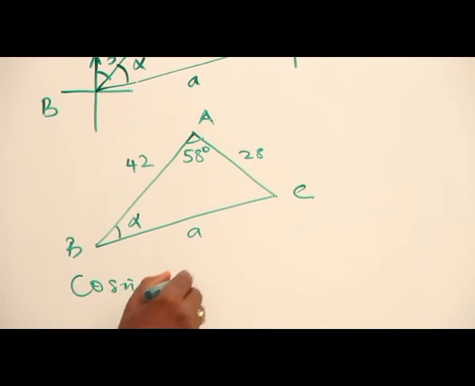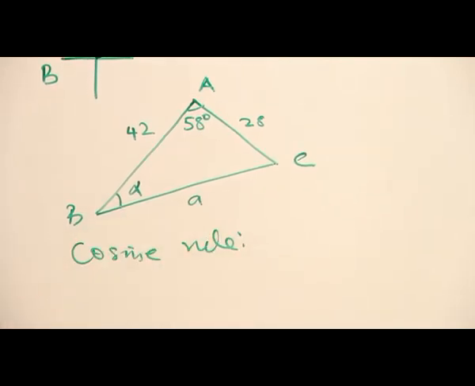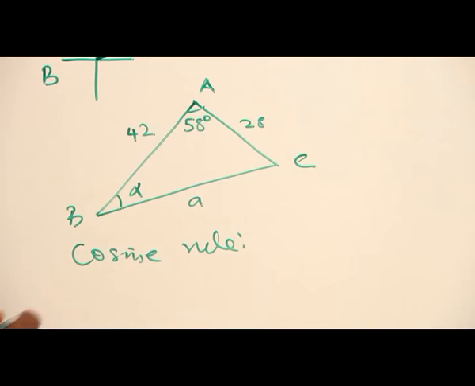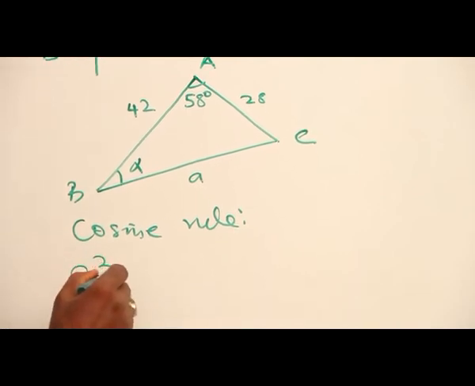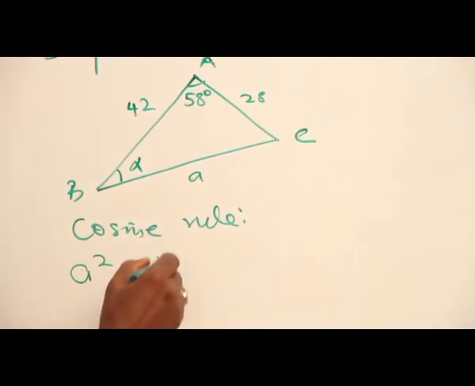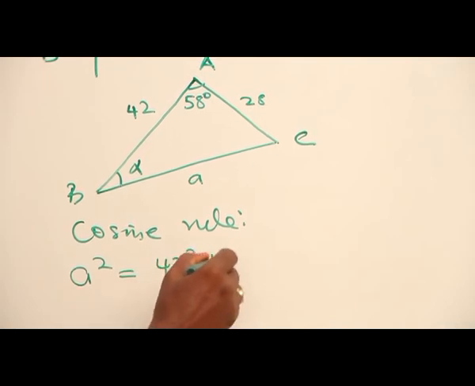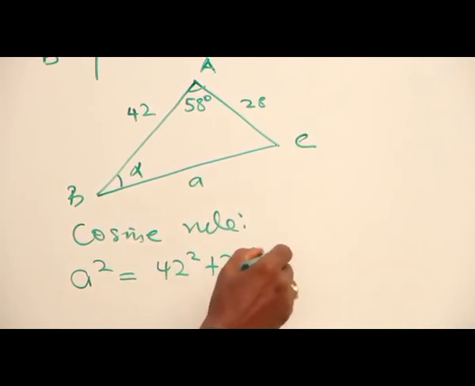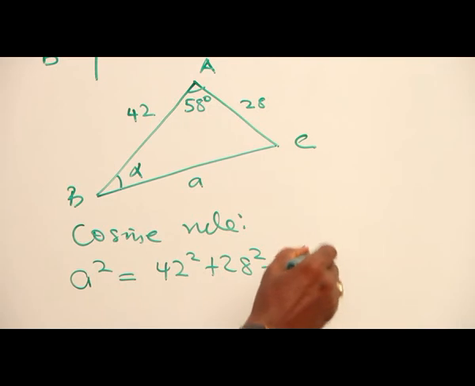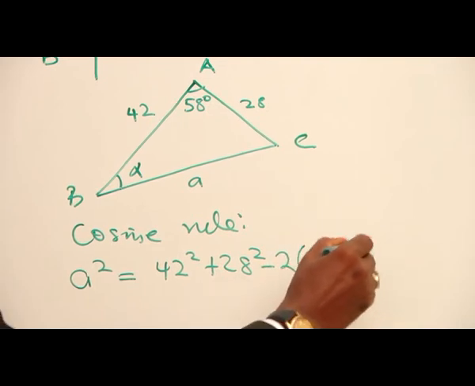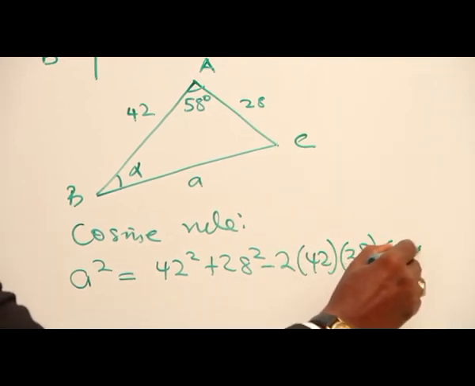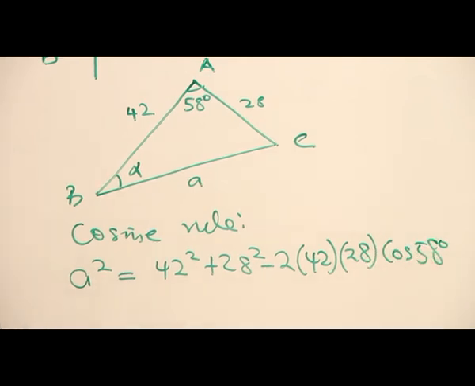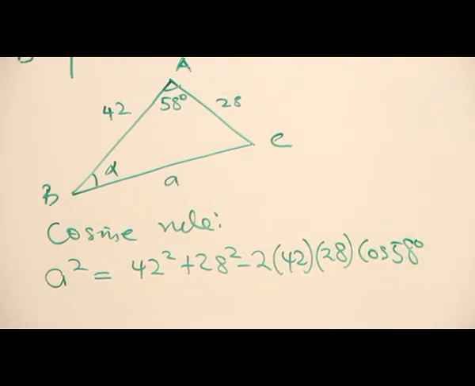From the knowledge of the cosine rule, we have that a squared will be equal to 42 squared plus 28 squared minus 2 times 42 times 28, and then the cos of 58 degrees. Now this is what we will have.